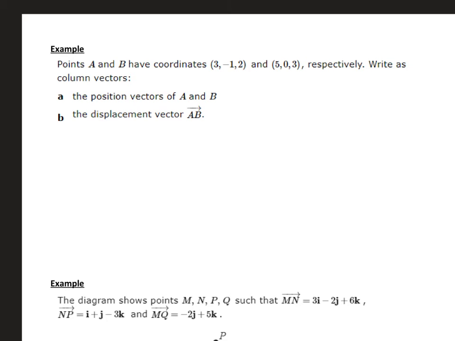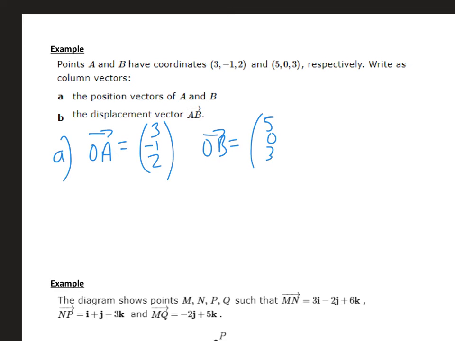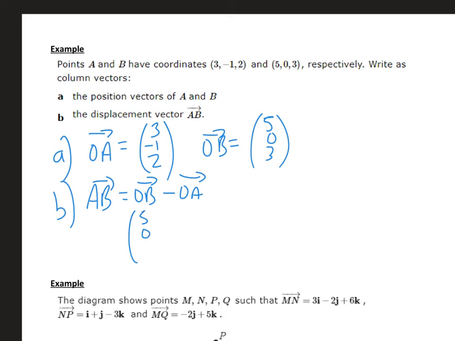So pause it, try this yourself, and check your answer. Okay, so hopefully you got the same answer.